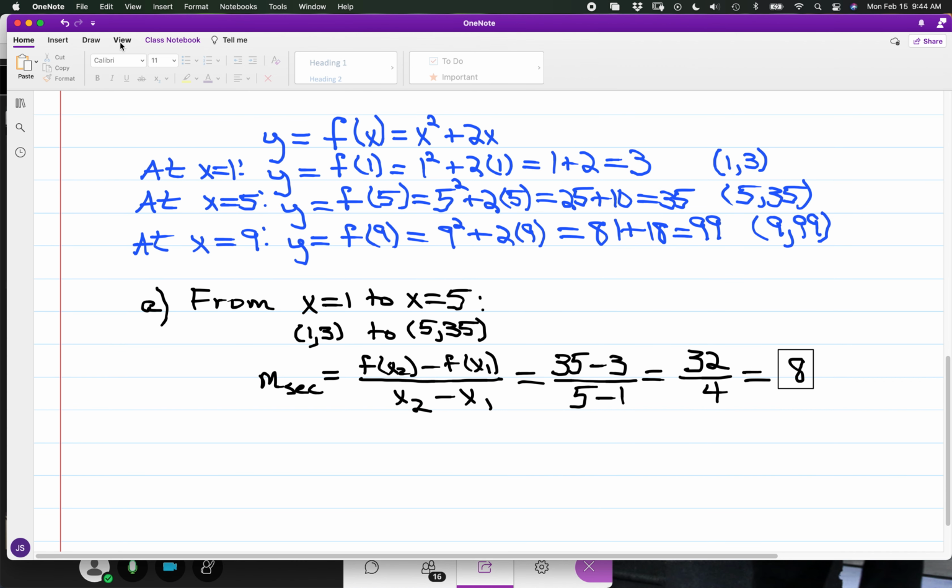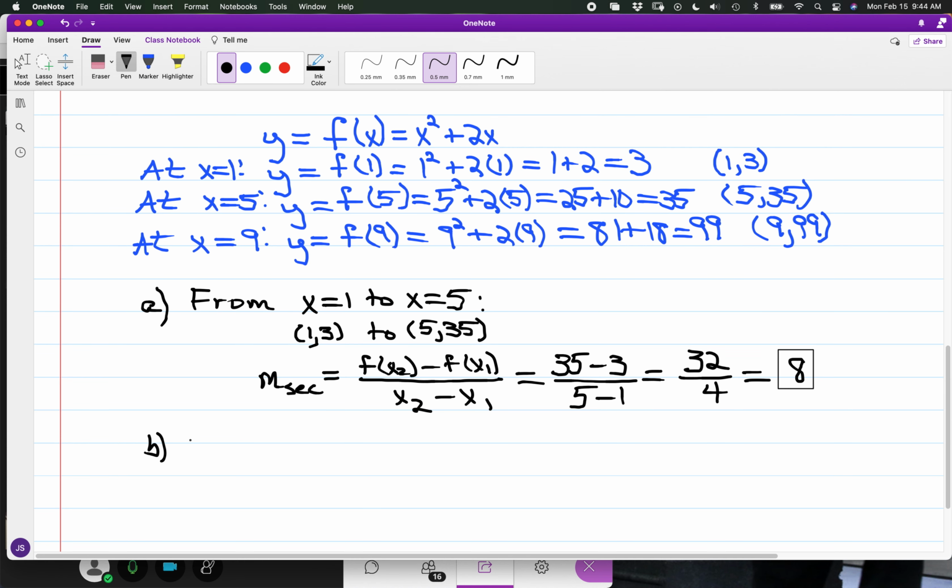And looking at what we have between x equals 1 and x equals 9, we still have the same starting point at 1, 3, and we're going from 1, 3 to 9, 99.